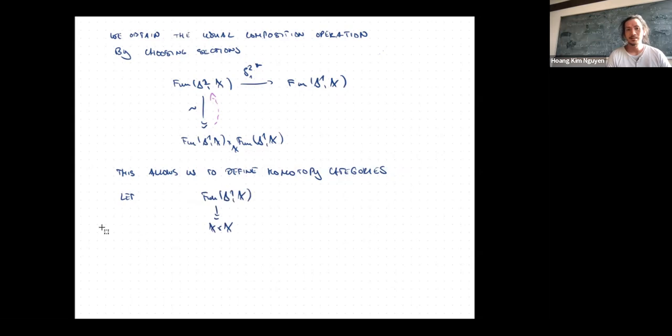So mapping out of the interval into an object should really represent the category of arrows of the object X. So then simply find the following pullback, and this should be thought of as the object representing morphisms from A to B.